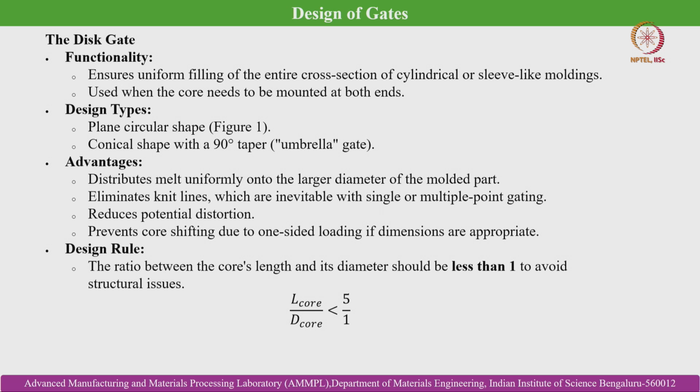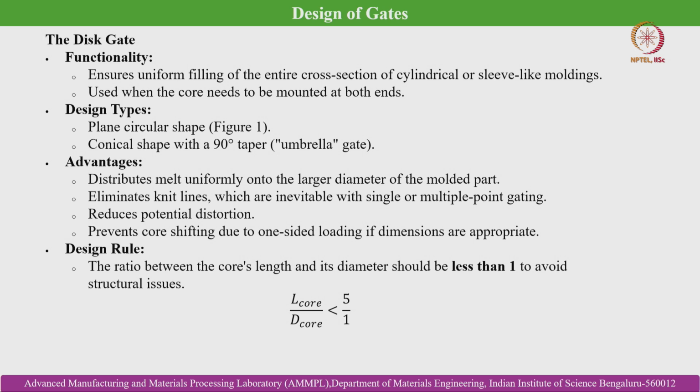It eliminates weld lines, which are inevitable with single or multiple point gating, and it reduces potential distortion and prevents core shifting due to one-sided loading if dimensions are appropriate. The design rule is that the ratio between the core's length and its diameter, the L by D ratio, should be less than 1, to avoid structural issues.